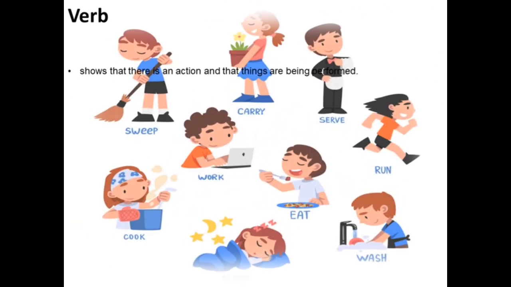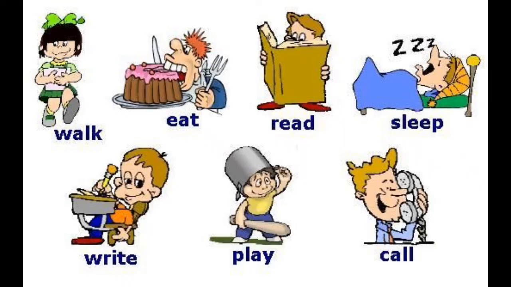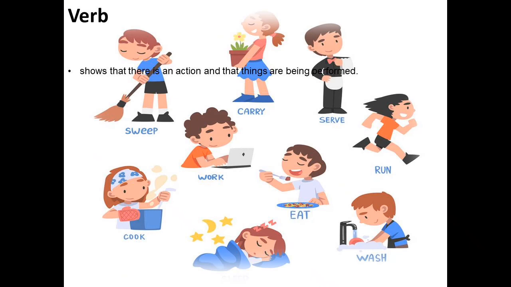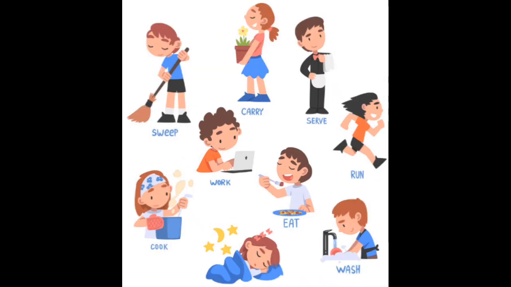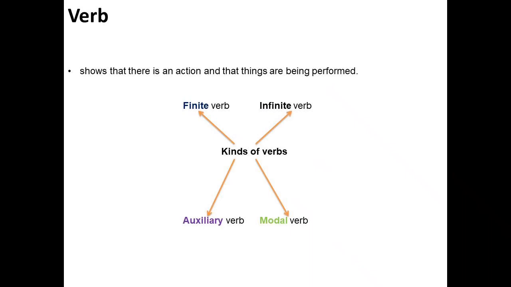Now that we have explained what an article is, we move on to our next part of speech, which is a verb. A verb indicates an action or a movement of some kind. A verb is an action word, and there are a lot of examples and types of verbs.